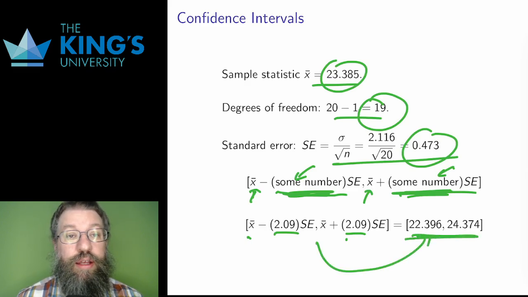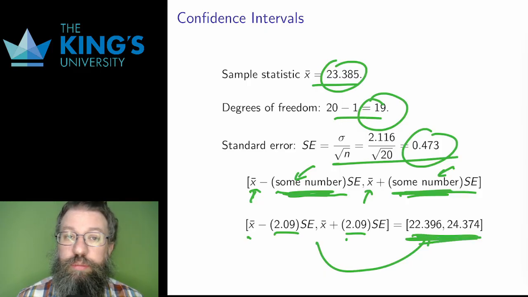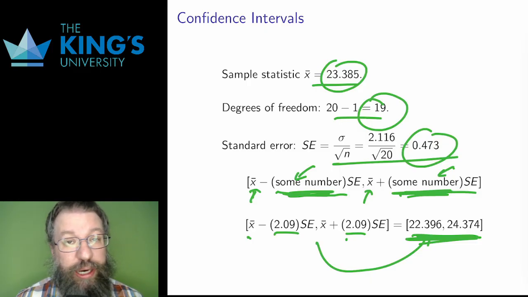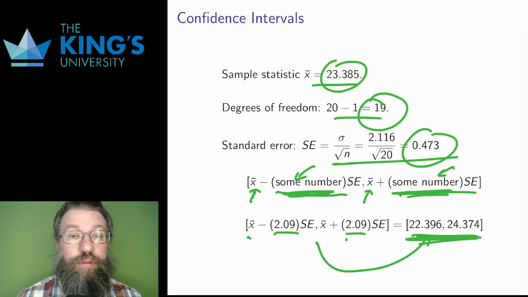And in this case, it works out to 22.396 to 24.374. What does this mean? It means based on this sample, and as always, assuming the study doesn't have any bias or confounding variables, I am 95% confident that the mean length of adult female blue whales across the entire population is between 22.396 and 24.374 meters.